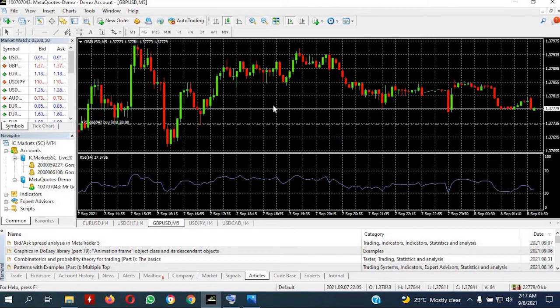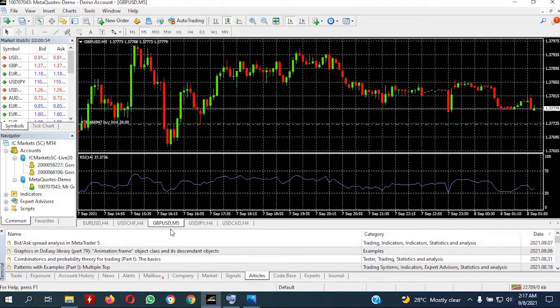We are just going to enter some trades. These are not trades that are analyzed. We are just going to enter some random trades for demonstration purposes. In order to enter a trade, we are going to enter a buy trade first.